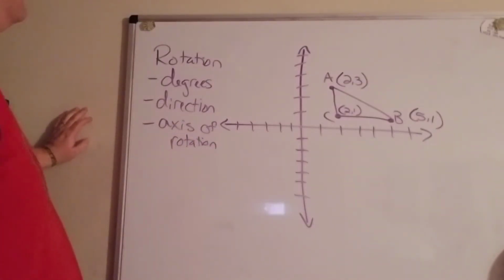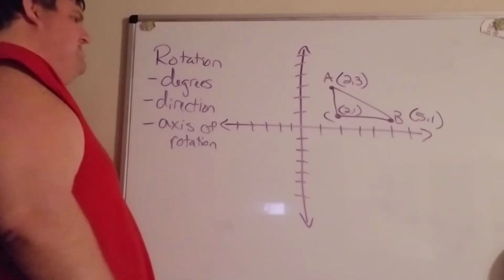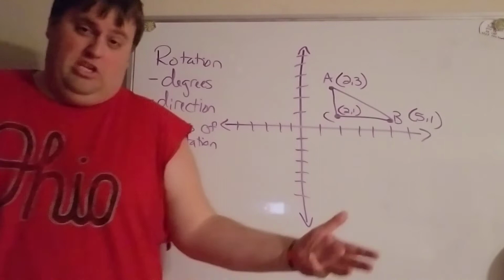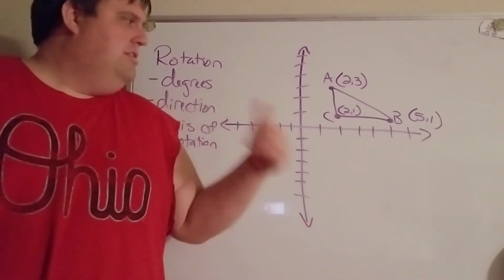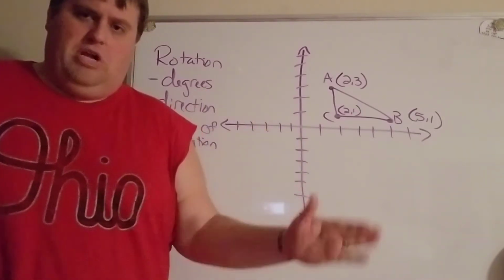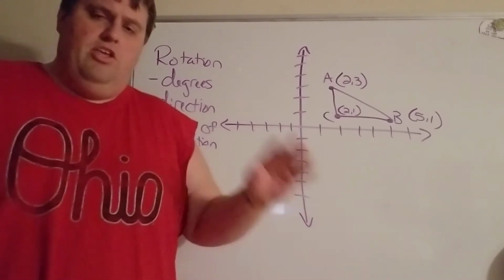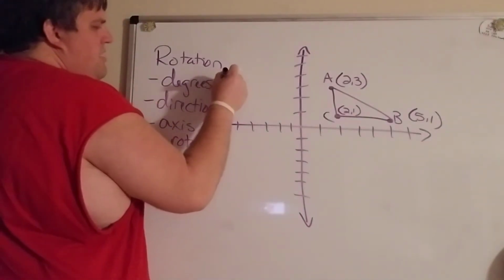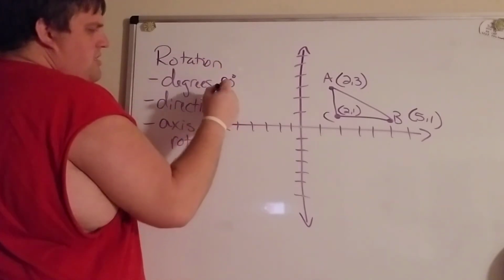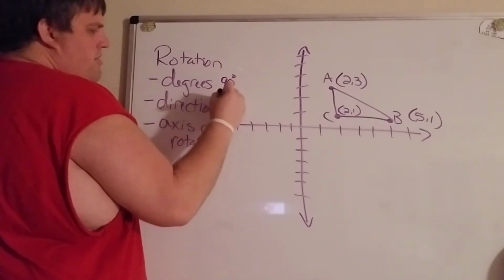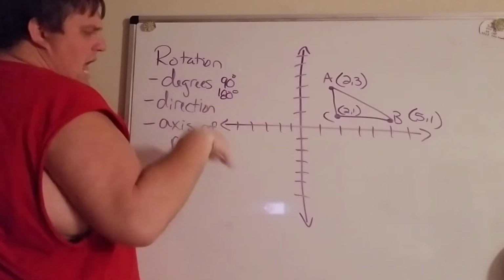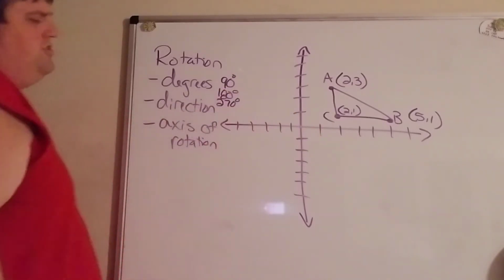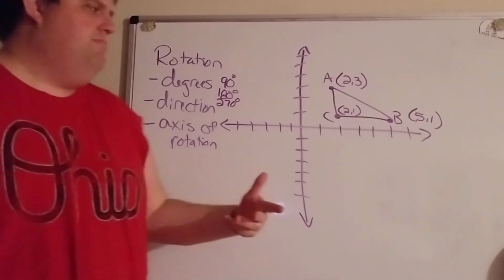All right? So degrees are how many degrees we're going to actually turn this shape. Now, typically for us, since we're the intro level here, you only have 3 options. We can go 90 degrees, which is a quarter turn. We can do 180 degrees, which is a half turn, or we can do 270 degrees, which is 3/4 of a turn, right?